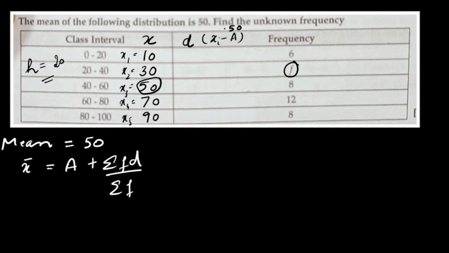Here I am writing: 10 minus 50 is minus 40, 30 minus 50 is minus 20, 50 minus 50 is 0, 70 minus 50 is 20, and 90 minus 50 is 40. So we have found the deviation. I hope this is clear to you. So deviation is xi minus a. a was 50, so x minus 50, then 30 minus 50, 50 minus 50, 70 minus 50. So this is what we have done.